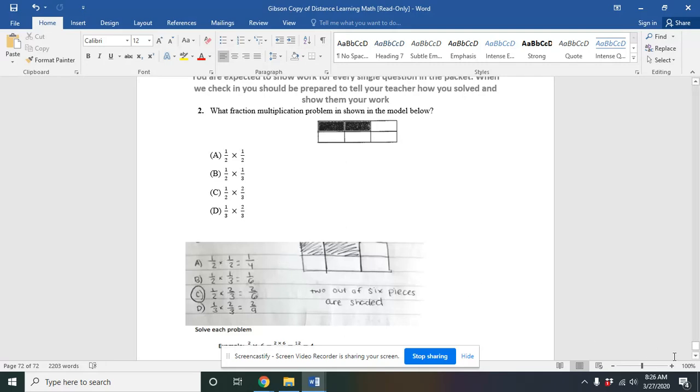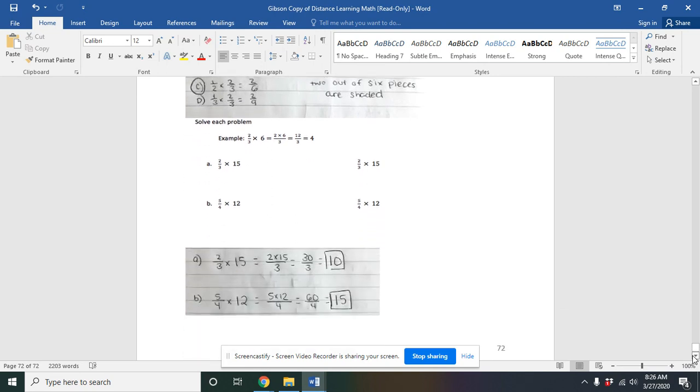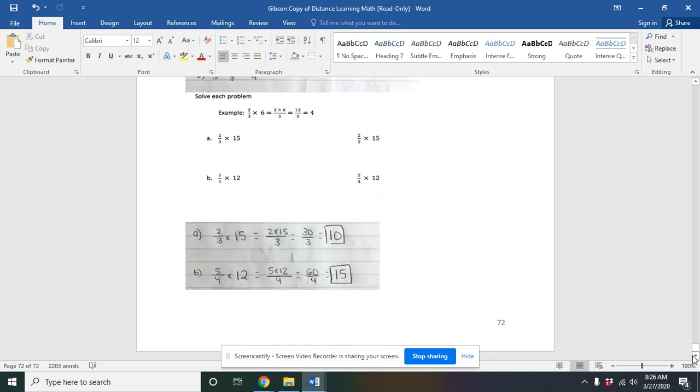All right, scroll down. Now, these are the last couple problems. So we are basically working on making sure when we are multiplying a whole number times a fraction, you are only multiplying that whole number to the numerator.